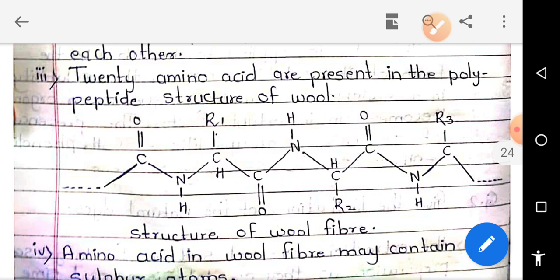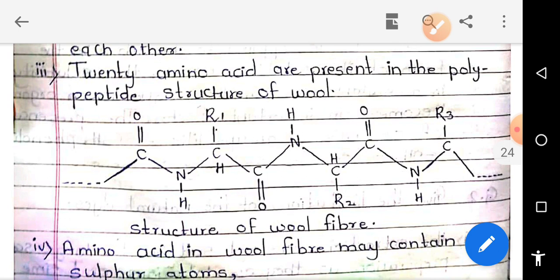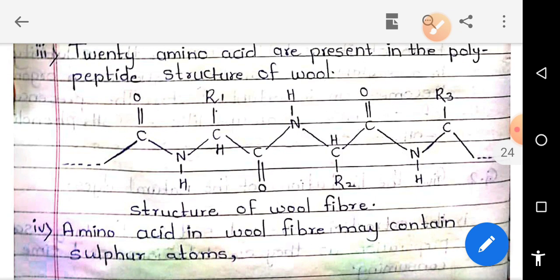So these amino acids are used for the formation of wool fibers. Wool fiber is made up of this type of amino acids. Here is the construction of this wool amino acid, a structural representation of how atoms are attached in the wool fibers.